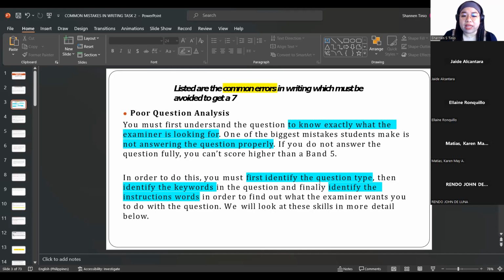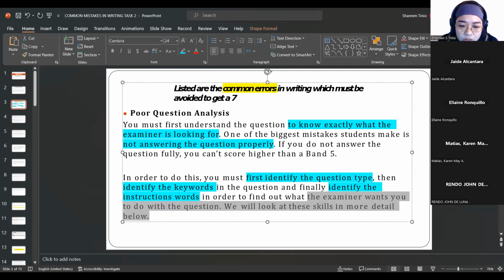Why do we need to identify the question type, keywords, and instruction words? In order to find out what the examiner wants you to do with the question. We will look at these skills in more detail below.